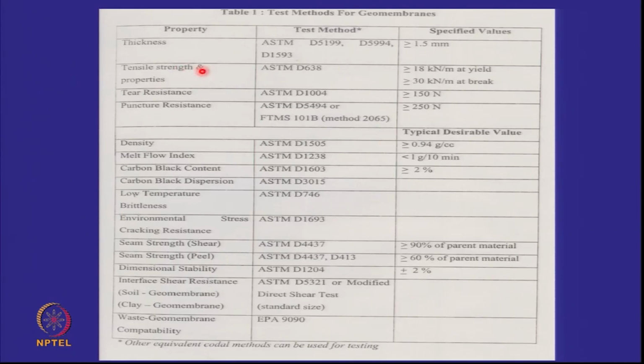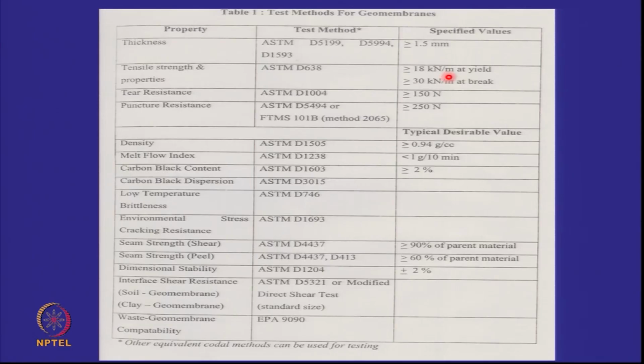Thickness, tensile strength, tear resistance, puncture resistance, density, melt flow index, carbon content, brittleness, environmental stress cracking, seam strength, dimensional stability, interface shear, waste to geomembrane compatibility. Some of these are routine, some of these are special tests. But just to get an idea, a 1.5 mm thick geomembrane will have 18 kilonewton per meter as its tensile strength.